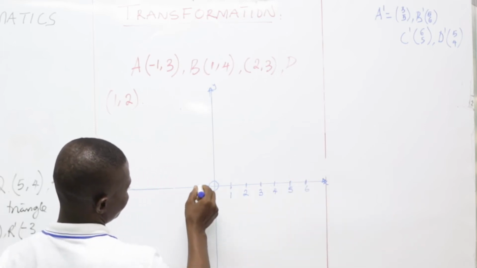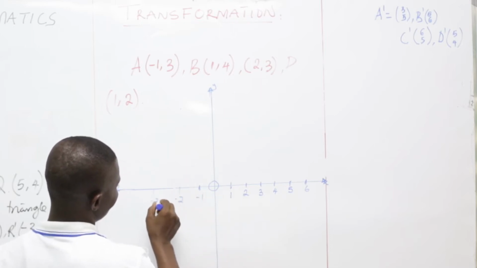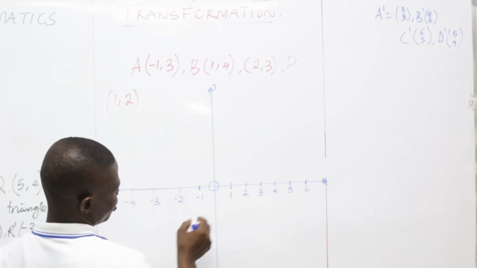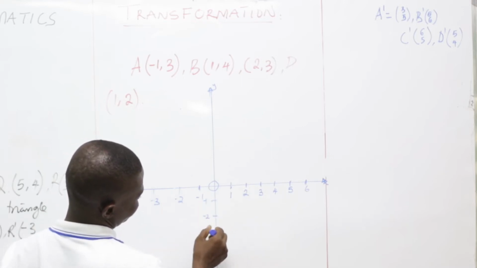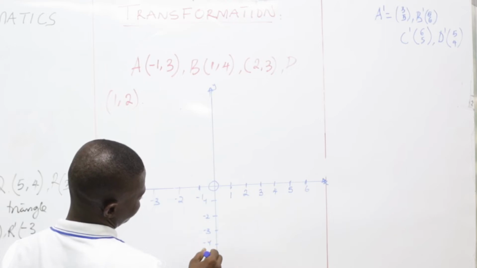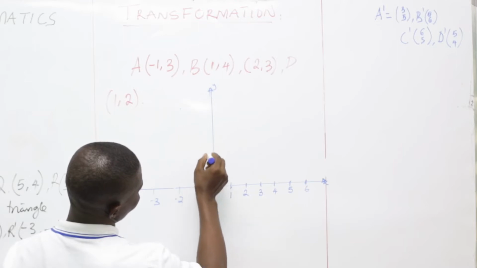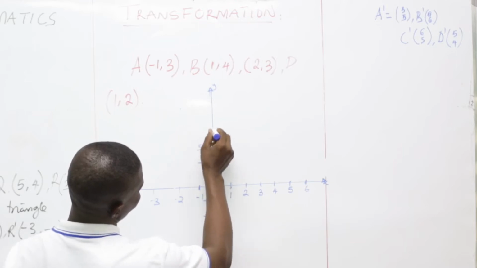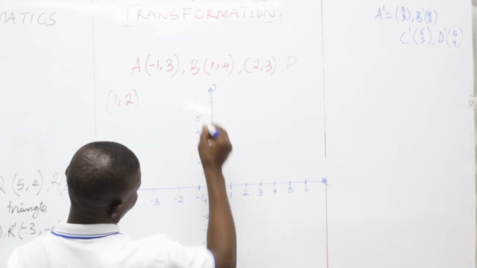On the negative side, -1, -2, -3, -4. For y, -2, -3, -4, -5, then 1, 2, 3, 4, 5, 6.